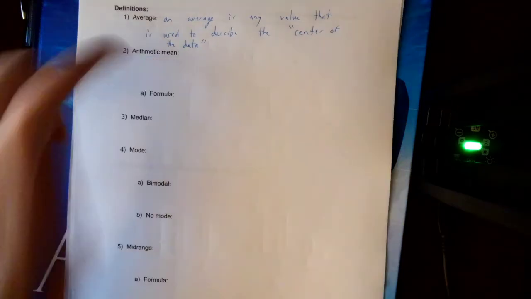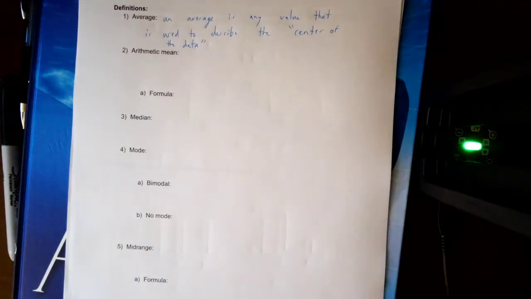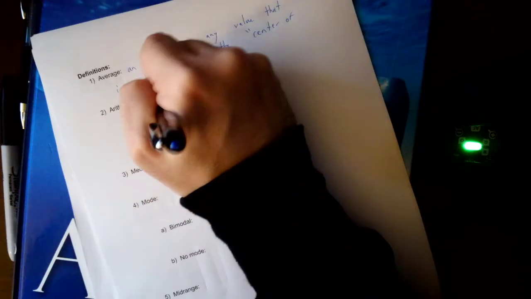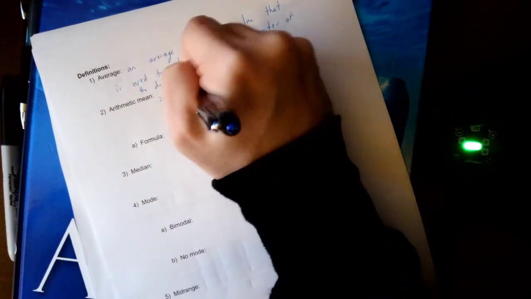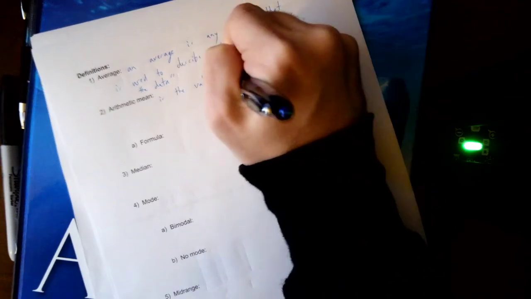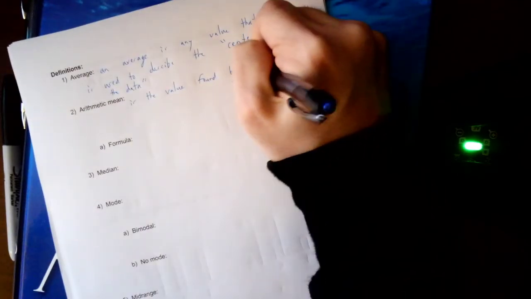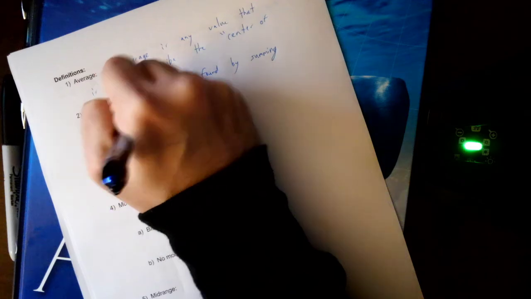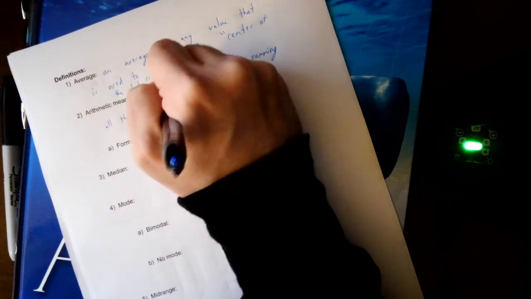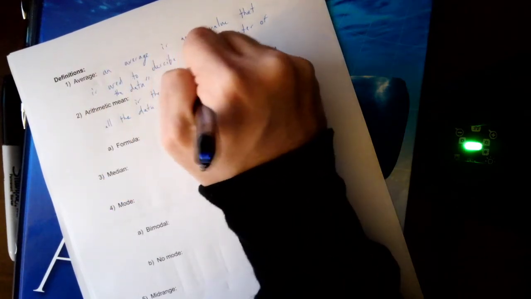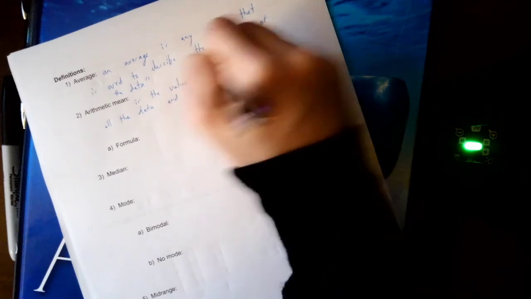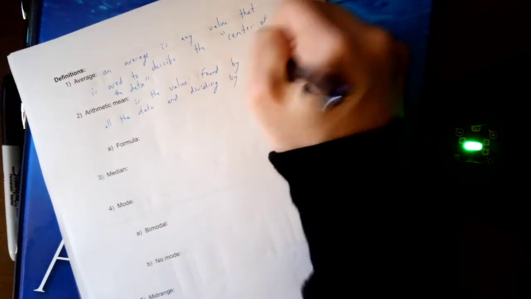Now, the mean is probably what you normally think of when you hear the word average. The mean is the value found by summing all the data and dividing by the size.